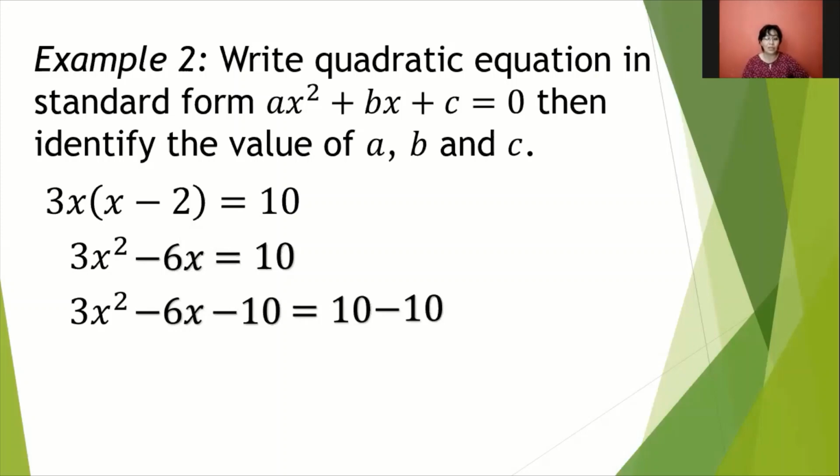Okay, it's okay if you really identify the values. It's okay for me if you really know the values. Okay, and the final answer is 3x squared minus 6x minus 10 is equal to 0.